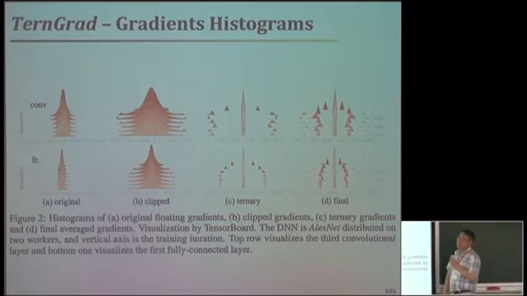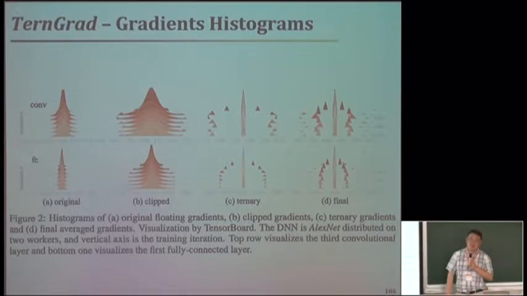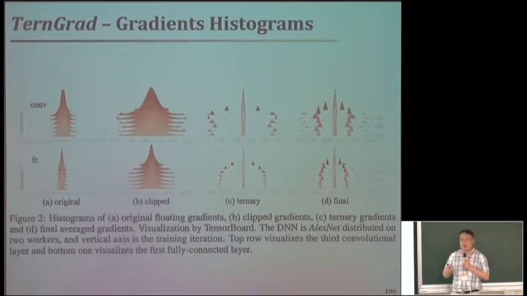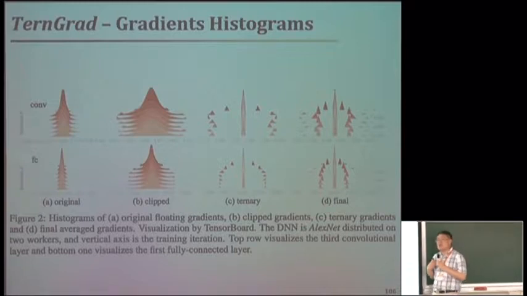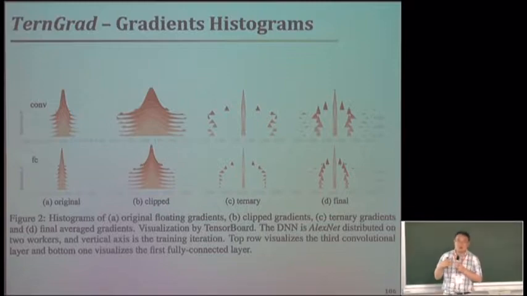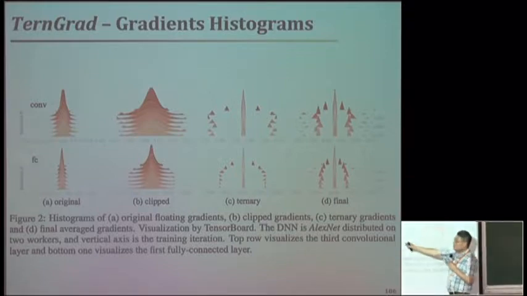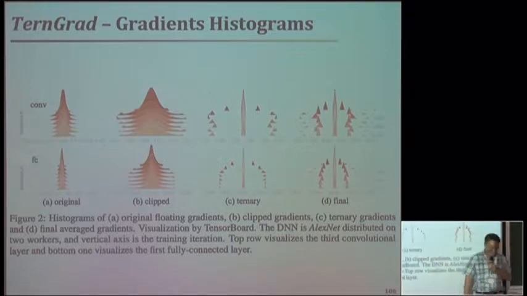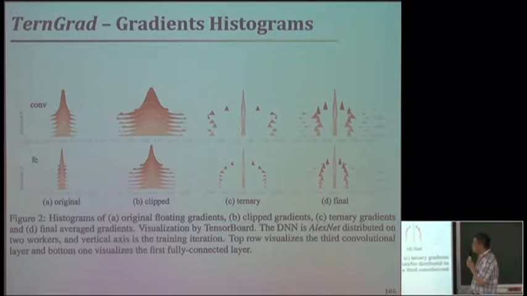However, we have many workers in this scenario, right? If the parameter server receives all these ternary gradients from different workers, what it does is the average on all these ternary gradients, and eventually you'll still be able to generate some distribution.